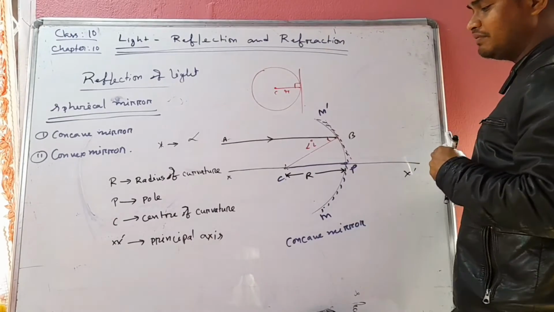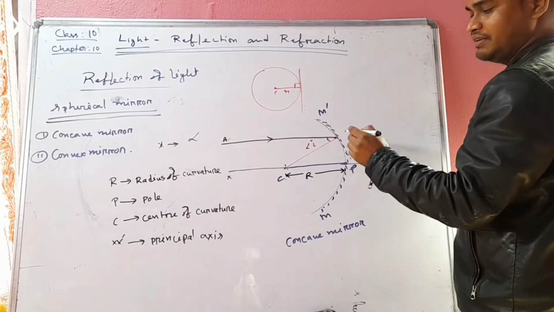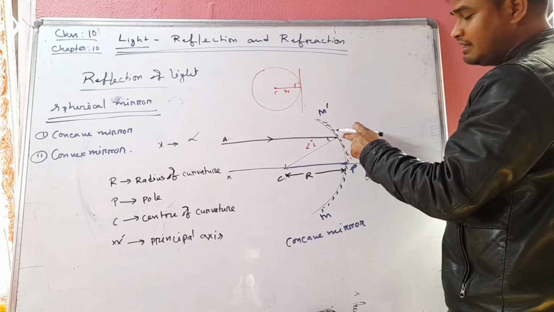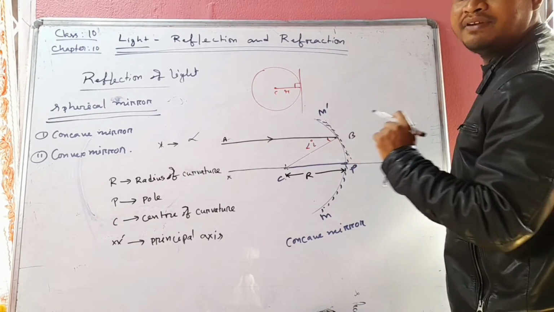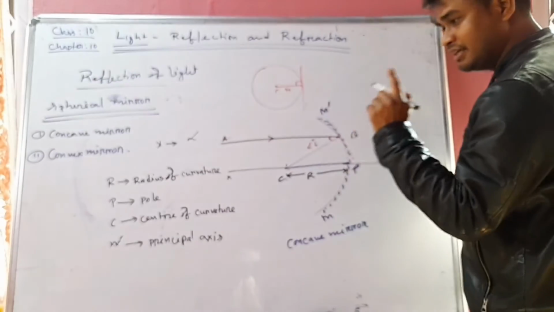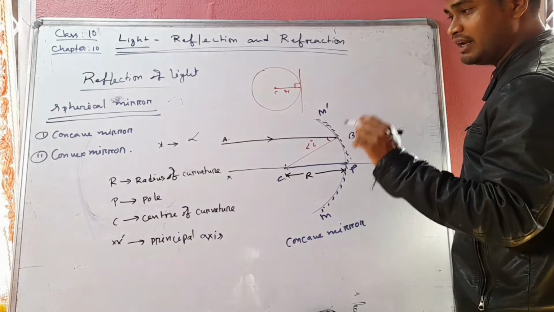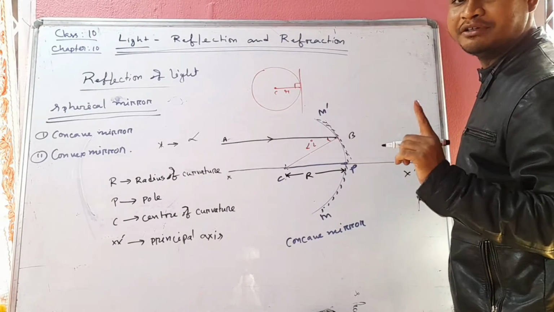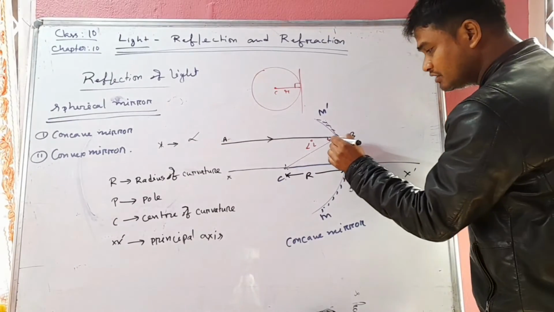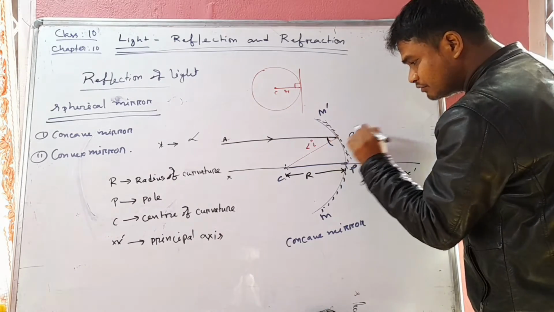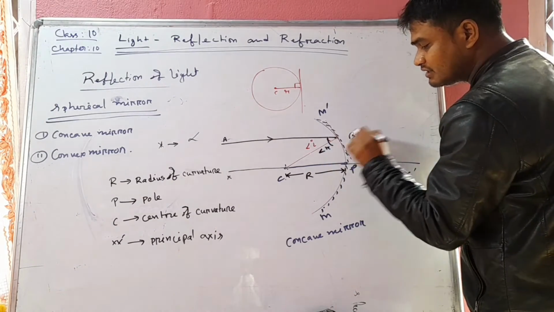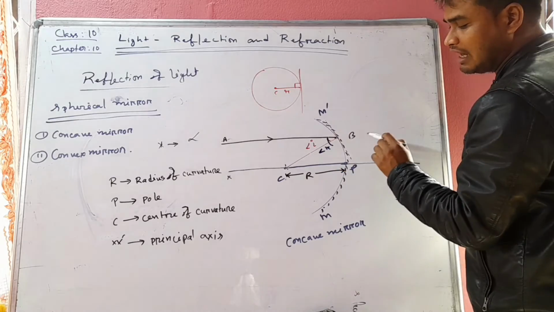After reflection, in what direction will the ray reflect? Using the same two laws of reflection, the angle of incidence should be equal to the angle of reflection. So this R should be equal to i.